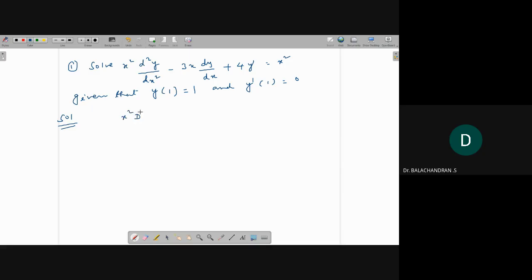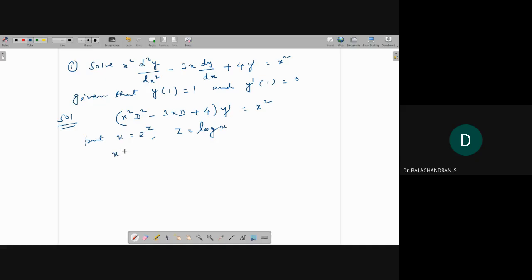x square D square minus 3x D plus 4 into y equal to x square. Okay, now we should give a substitution. x is equal to e power z and z equal to log x.